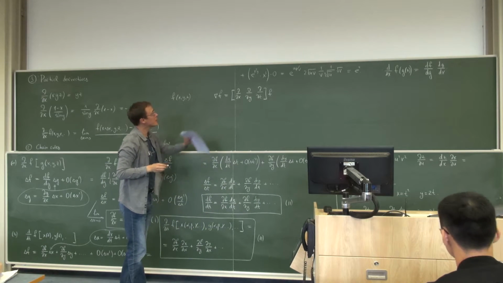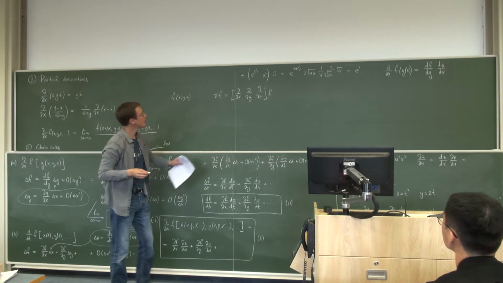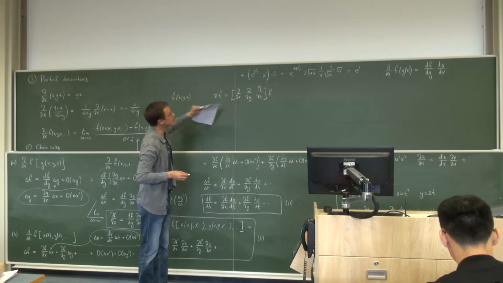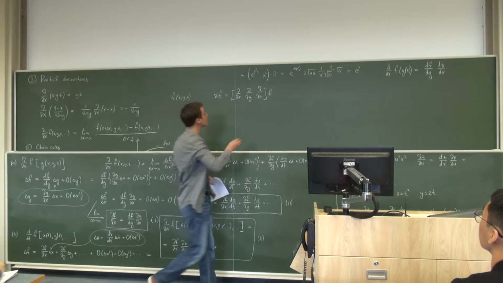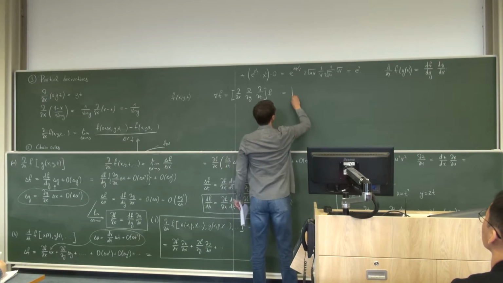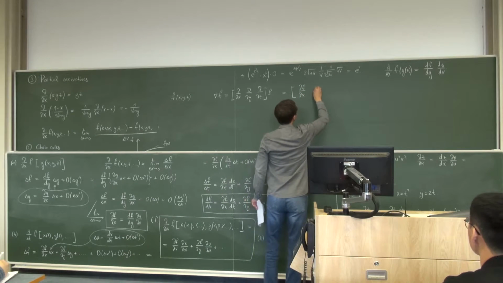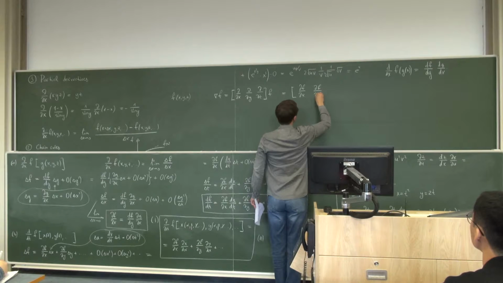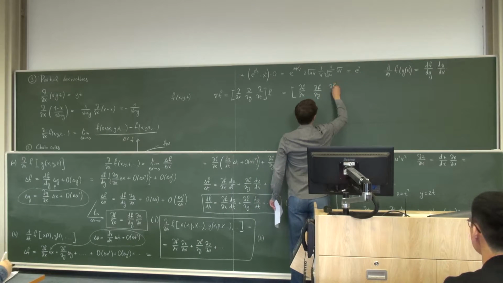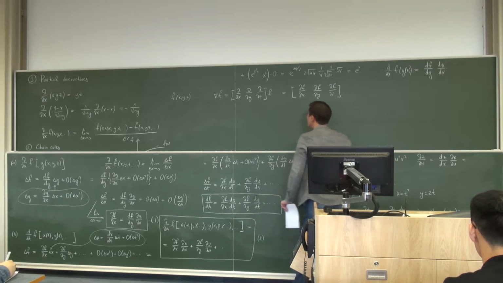Notice that I have written this in the operator form, so this acts as an operator from the left on f. So this is equal to df/dx, df/dy, and df/dz.